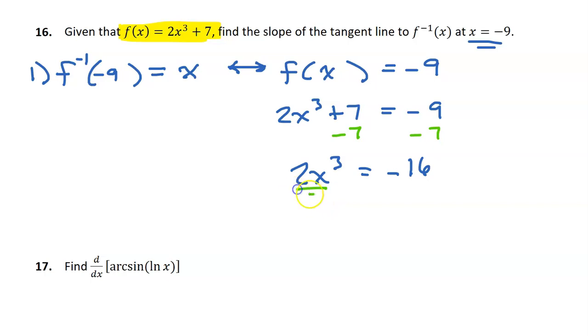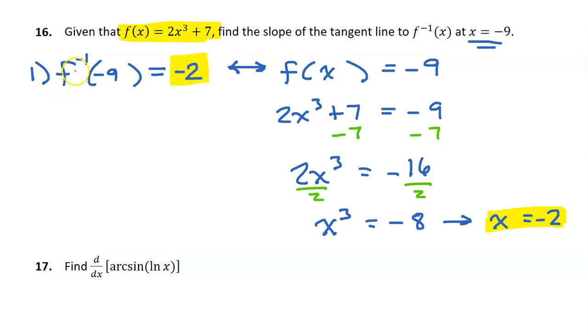And then dividing both sides by 2, we get x to the third power is equal to -8. Taking the cube root of both sides, we get x is equal to -2. So on my next step, I'm just going to take this -2 and substitute it right here. This is what we were looking for. So we found that f inverse at -9 is equal to -2. And that is step 1.